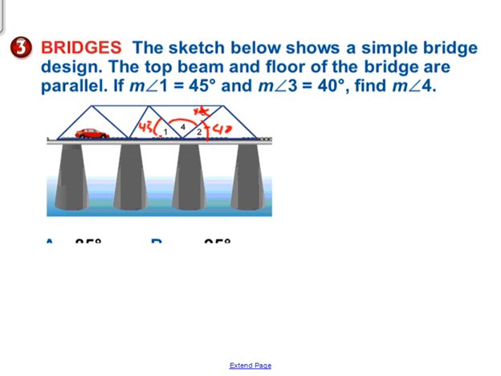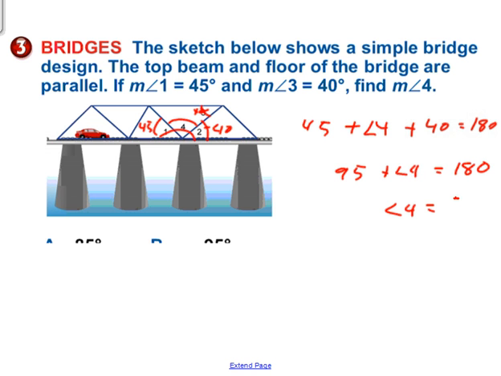So the total of these would be 180. So 45 plus angle 4 plus 40 must be equal to 180. So 95 plus angle 4 must be equal to 180. Angle 4, therefore, must be equal to 85.